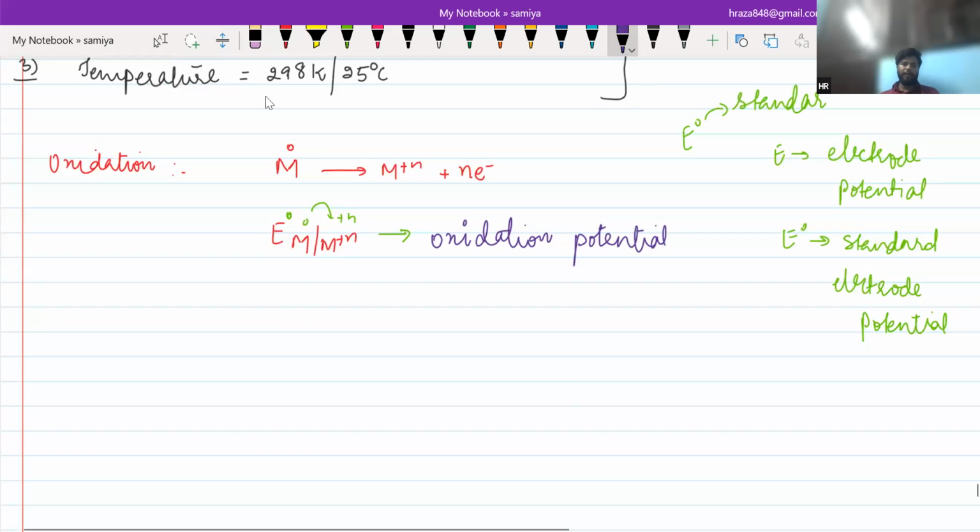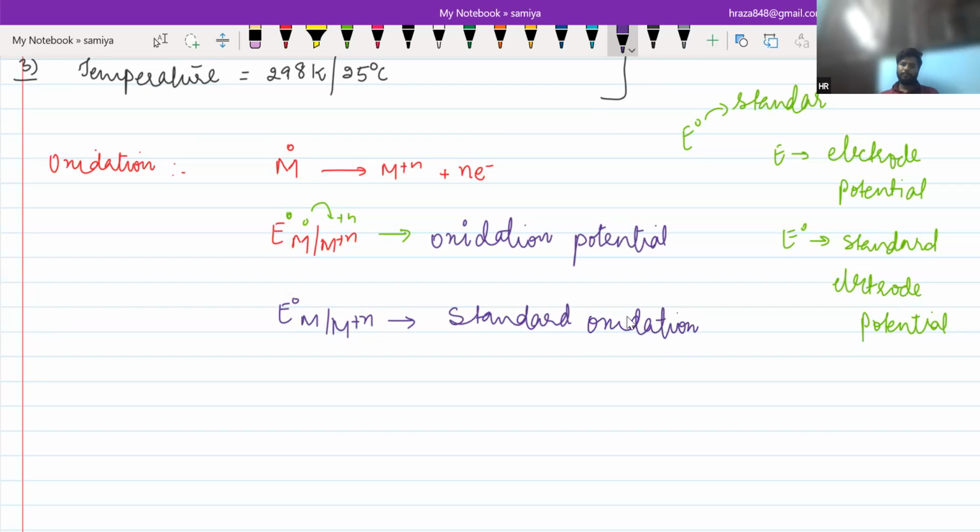And if I write E naught M slash M plus n, that means a standard oxidation potential. That we will write as SOP, and OP is oxidation potential.